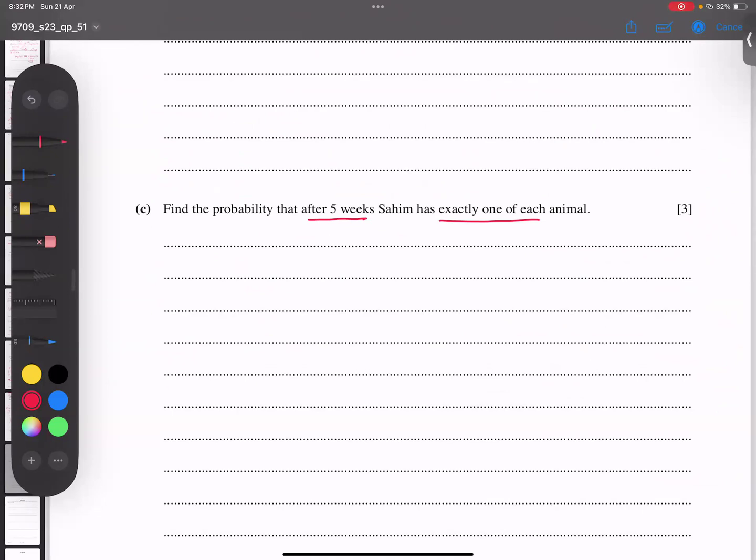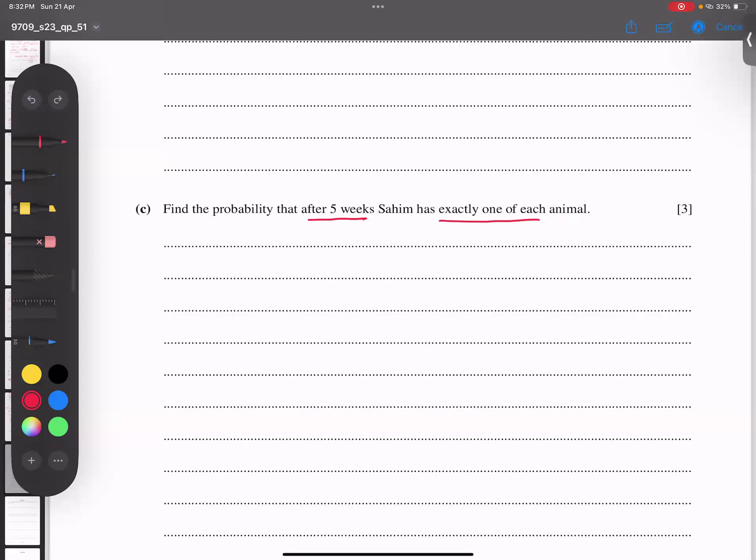He says I'll find the probability after 5 weeks Sahim has exactly 1 of the each animal. So what is the method to do this kind of question, students? First of all, we have to think carefully. Exactly 1 animal, after 5 weeks.